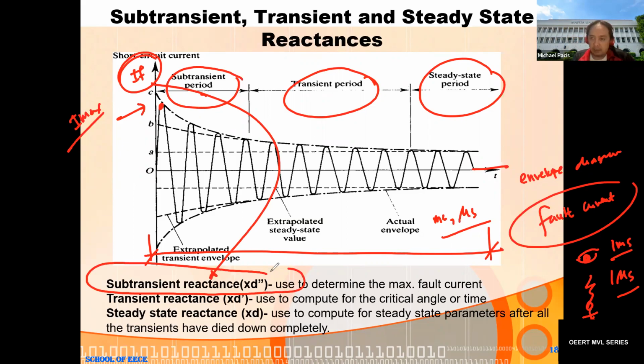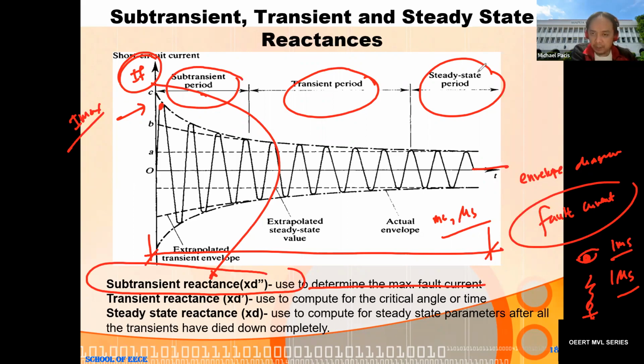The other reactances are for post-analysis. Okay? So just use the X_d double prime, or the sub-transient reactance only. And that is the one that will determine the I_SC short circuit. The others are for the computation of the critical time, and for the steady state parameters for post-analysis.